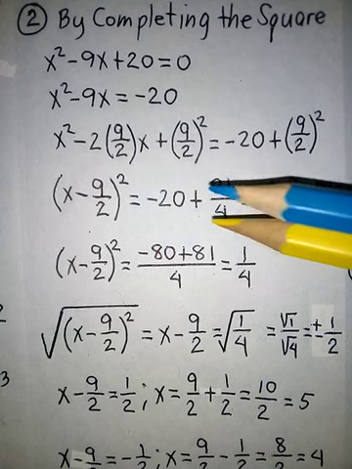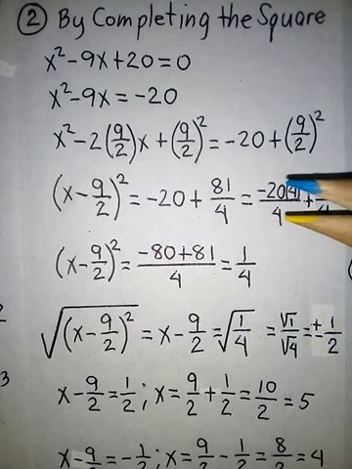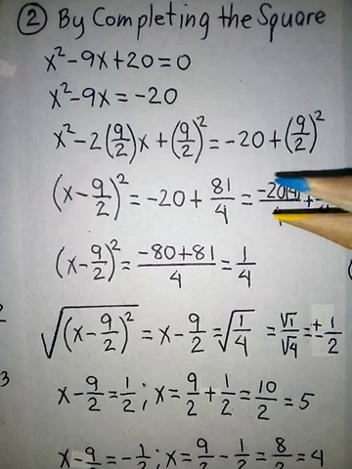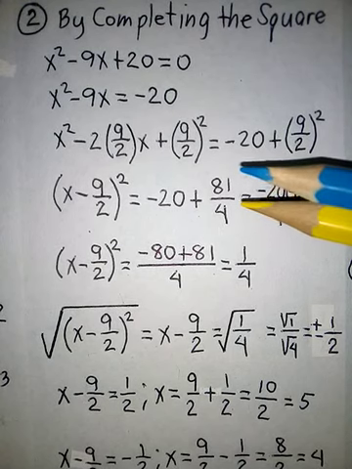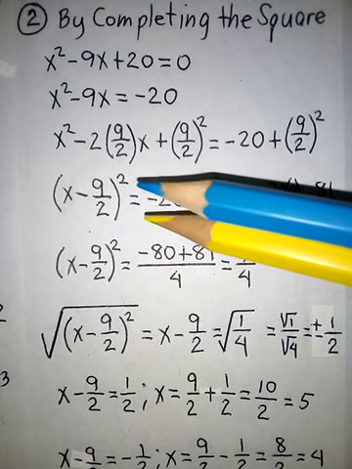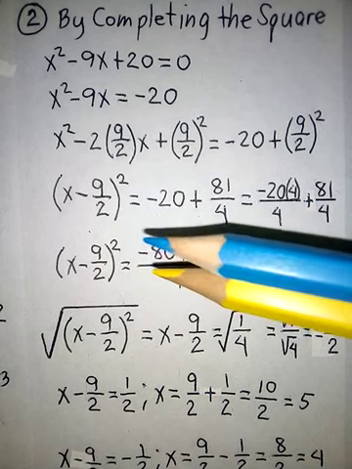Or simplify this, get the least common denominator. So we have to multiply negative 20 times 4 over 4. And then we have 81 over 4. So still on the left side, we have x minus 9 over 2 quantity squared.